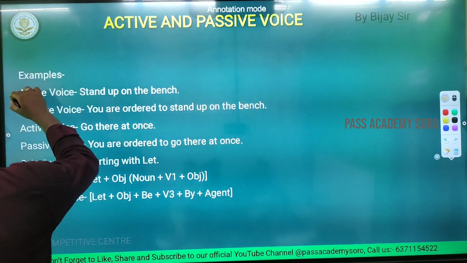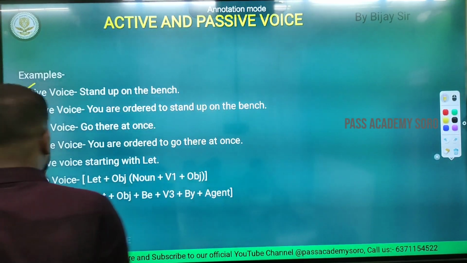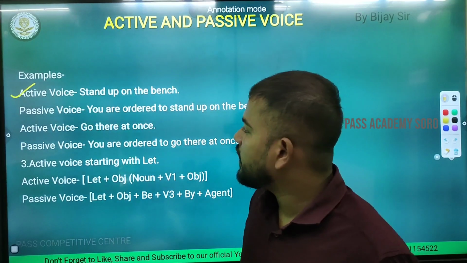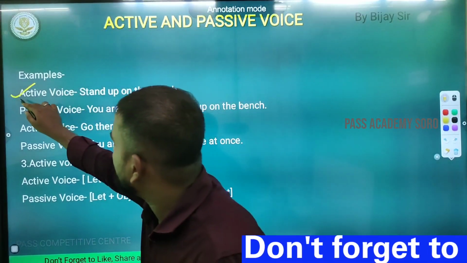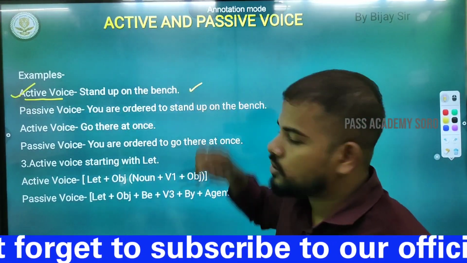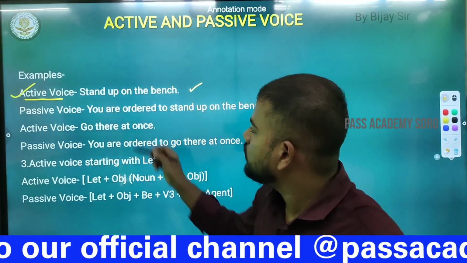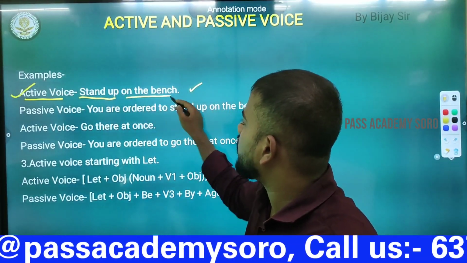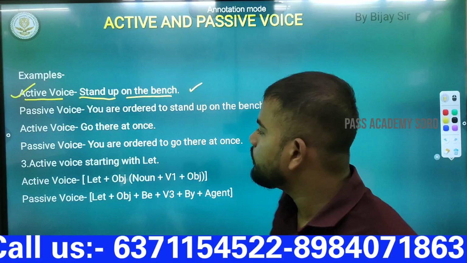Now dear students, look at the example which is in active voice and has an intransitive verb: stand up on the bench. Stand up on the bench is an intransitive verb, right?